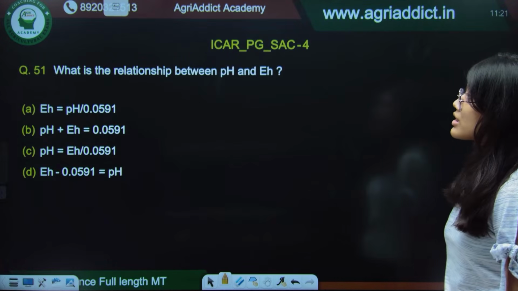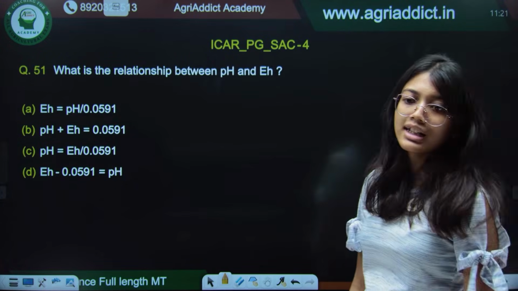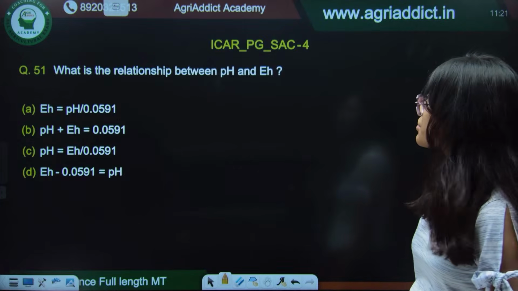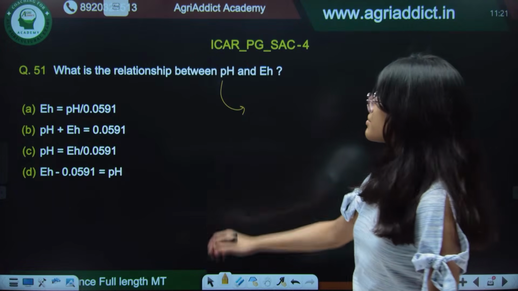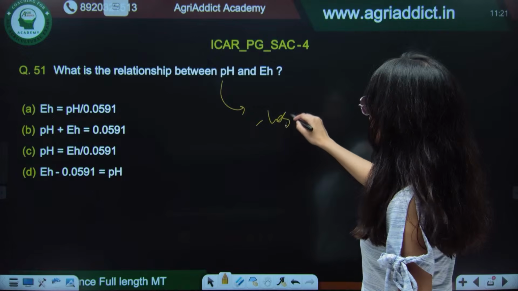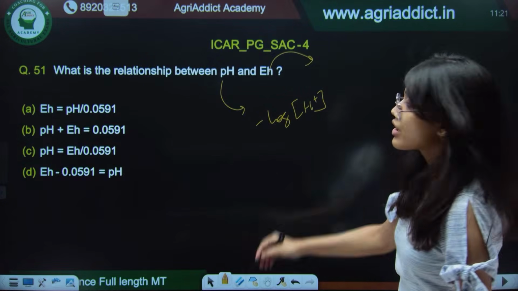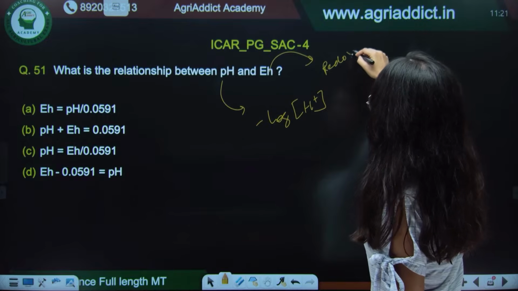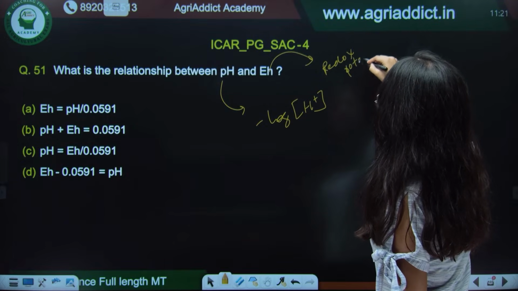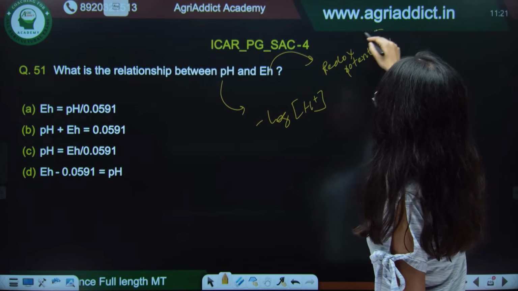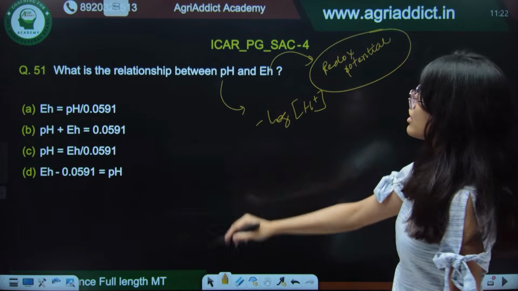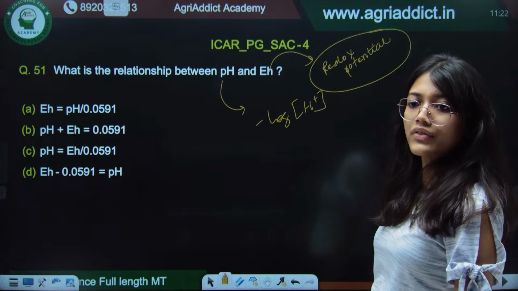Next, what is the relationship between pH and Eh? This is again a very, very important question. pH means the negative logarithm of activity of H plus ion, and Eh means our redox potential. So what will be the relationship between pH and Eh?